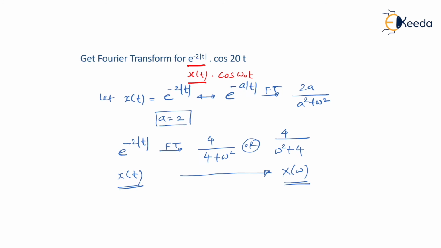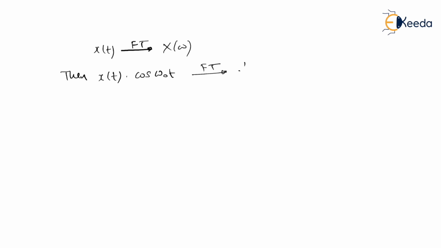But the question is not to have only the Fourier transform for given x of t, it is x of t times cos of omega naught t. So let me remind you the property. If x of t has a Fourier transform X of omega, then x of t when multiplied with cos omega naught t has a Fourier transform 1 by 2 times X of omega minus omega naught plus X of omega plus omega naught.